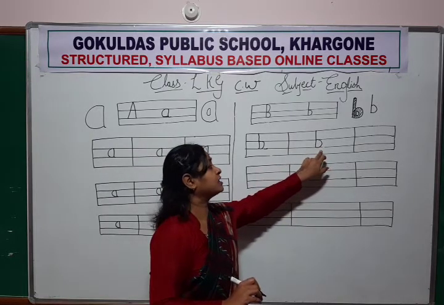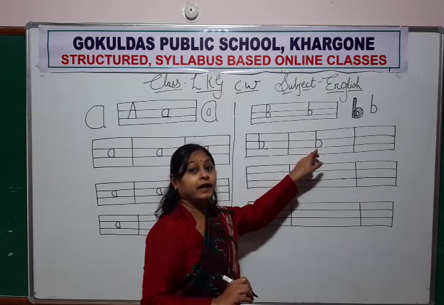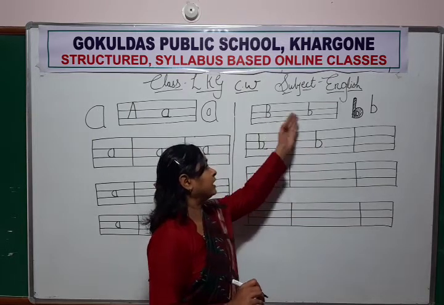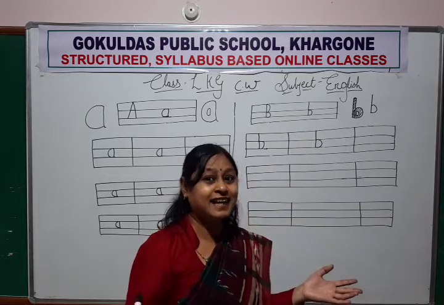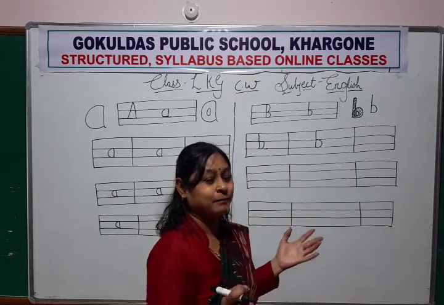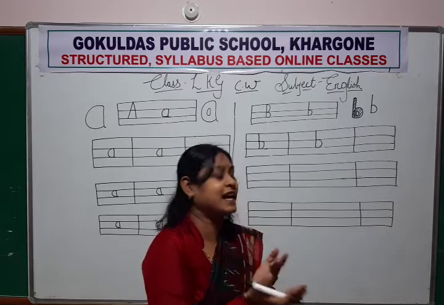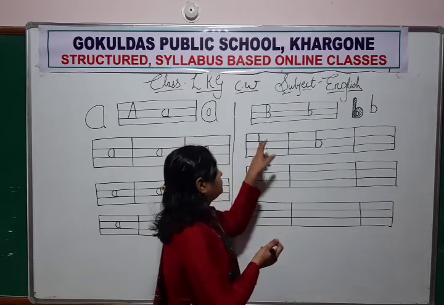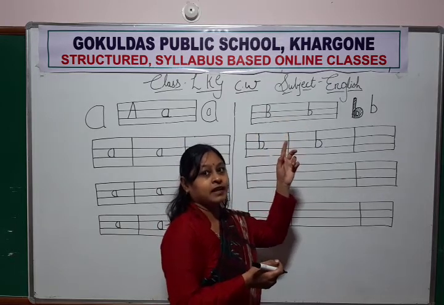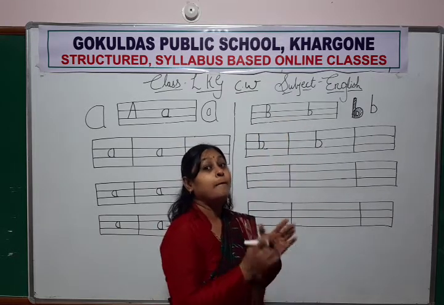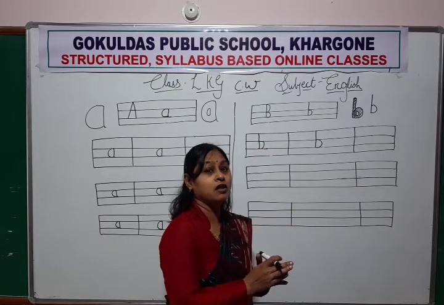So which letter is this? Baby B. It's Mama B and this is baby B. And B for baby is also there. Yes or not? Yes. B for baby is also there. Okay. So sound of B is B. Bus. Yes. Bell. Bat. Ball.